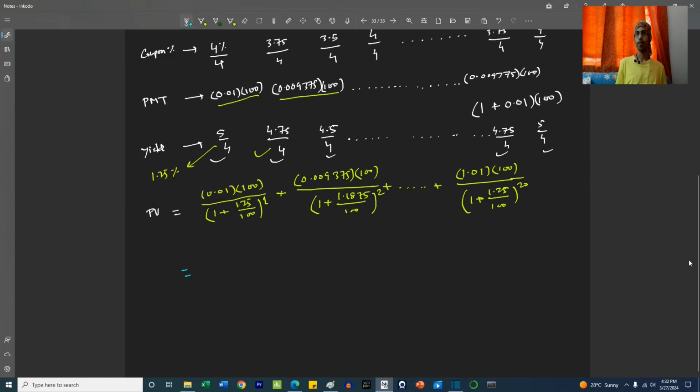Now we rewrite this expression. This will be 1 by 1.0125 to the power 1, plus 0.9375 by 1.018 to the power 2, plus dot dot dot, and again the last expression, 101 by 1.0125 to the power 20, right guys?